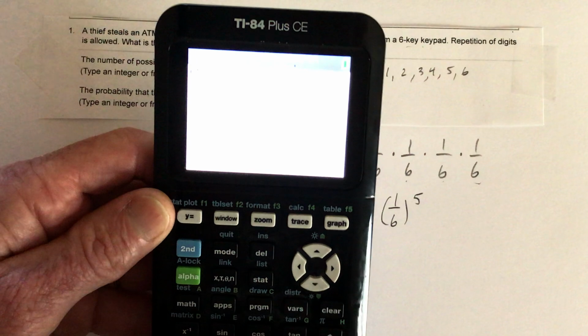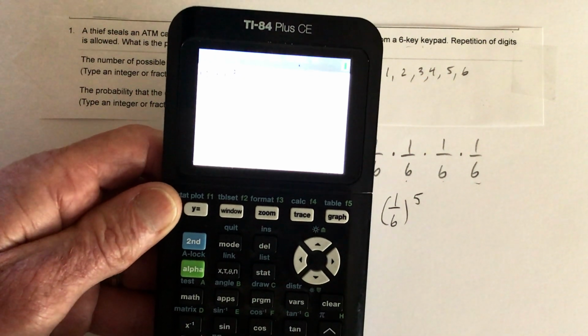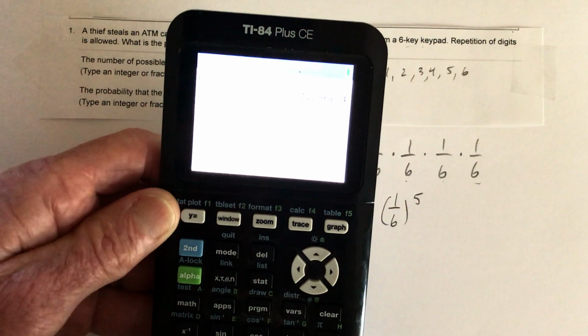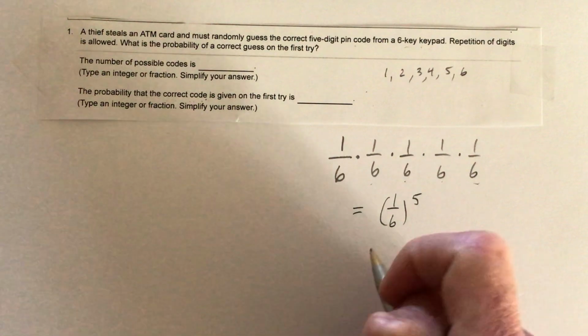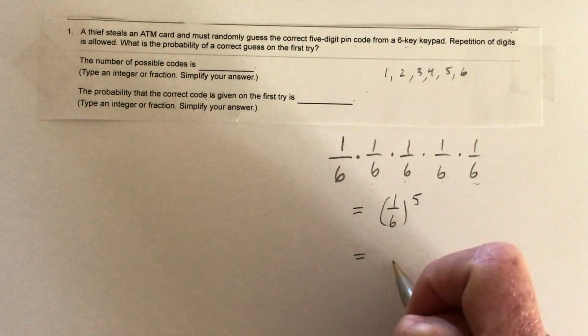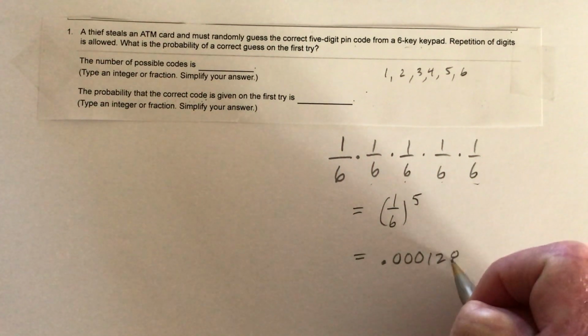So then 1/6 raised to the 5th power. It's not showing up, is it? Ah, well. So that turned out to be 0.0001286.